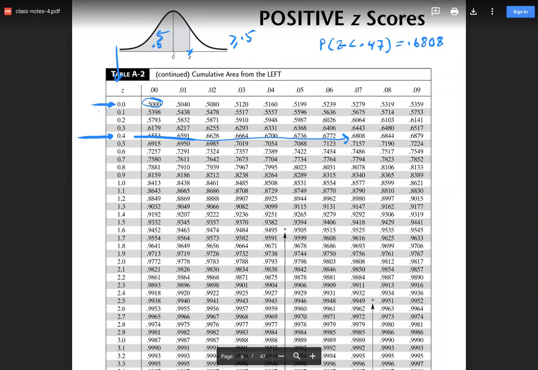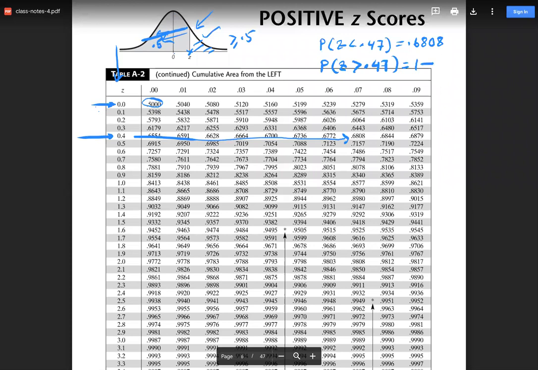Now, what if I asked you the same thing, probability of z greater than 0.47? Now instead of looking at the area to the left, we are looking at the area to the right. We know the entire area under this density function is 1. So if we take away the left side, what we will be left with is the right side.